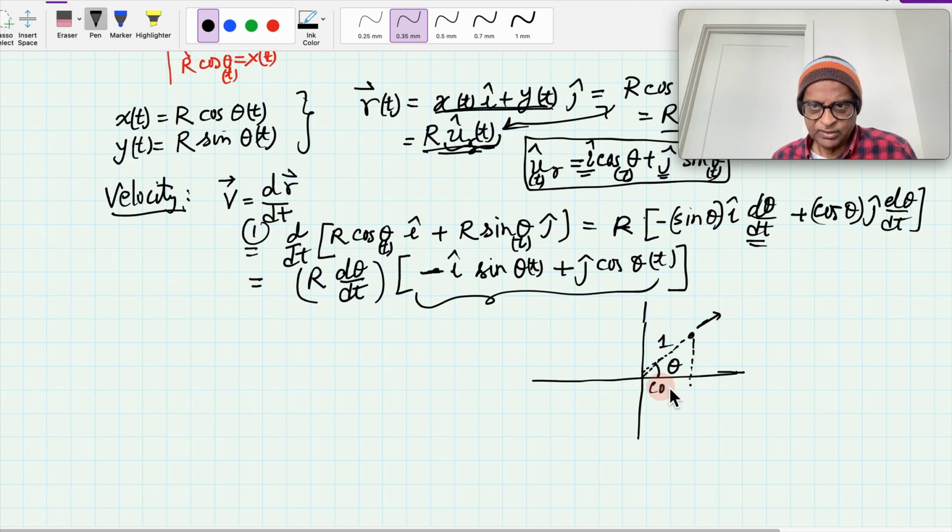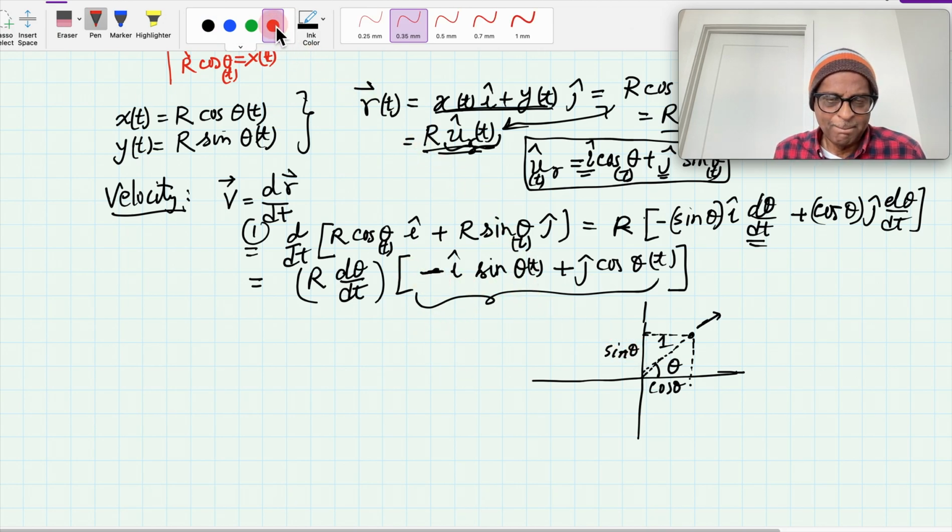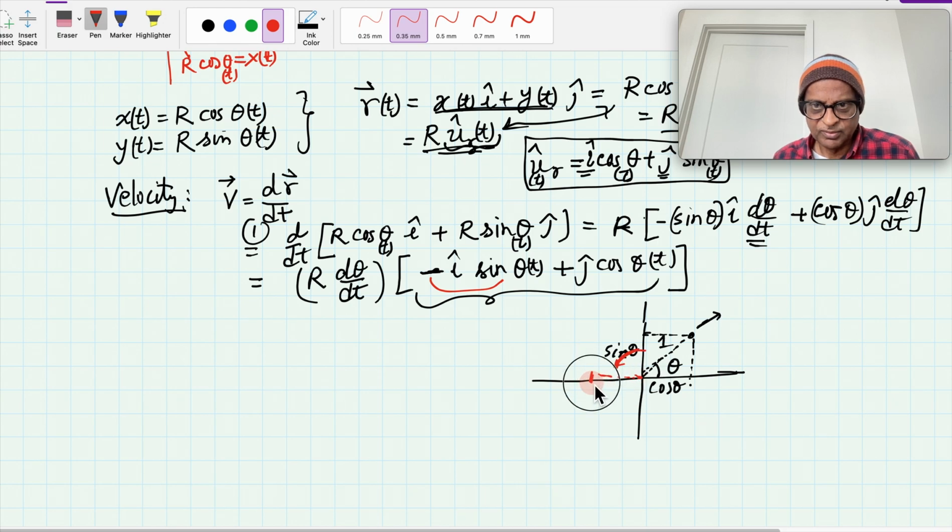So this is cosine theta, this is sine theta. This vector over here consists of minus sine theta along that direction, and then cosine theta over there.